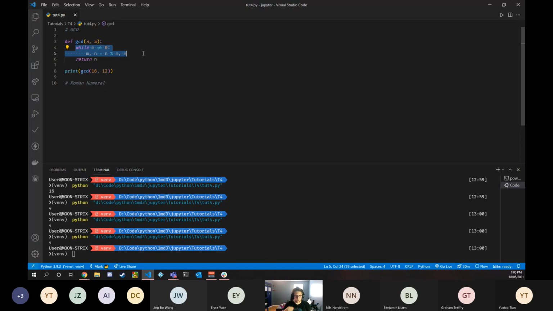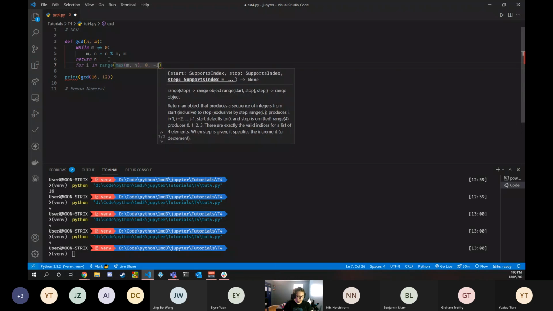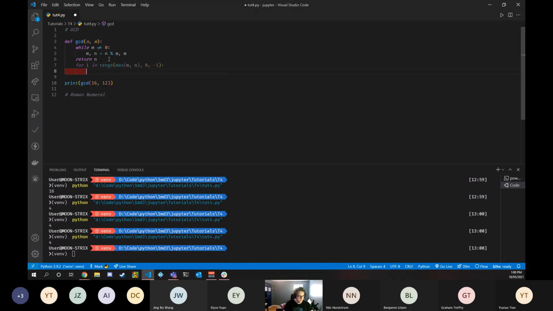It's hard to explain what this is actually called, but you guys will never have to worry about it as long as you give us something that works on a test. Like this is equally as valid as for i in range max m n, 0, -1, if n mod i equals 0 and m mod i equals 0, return i.